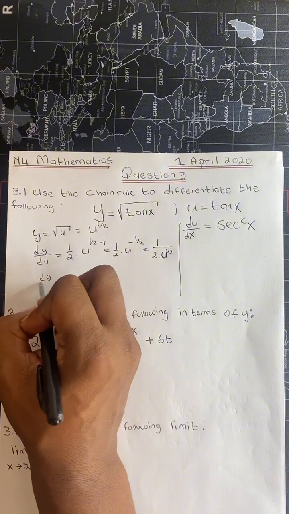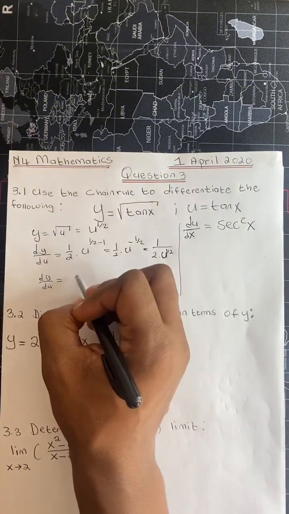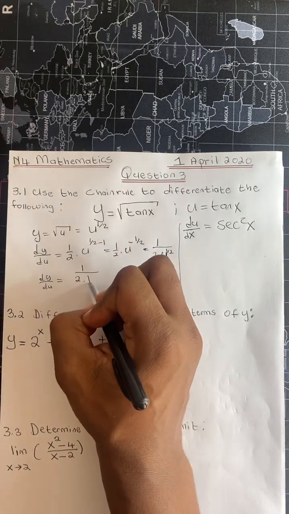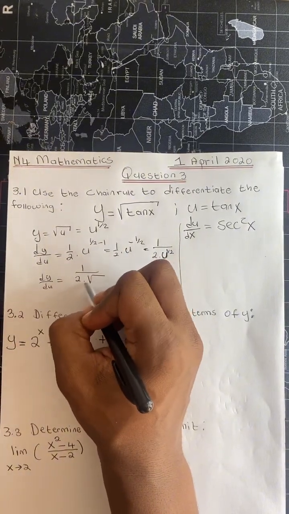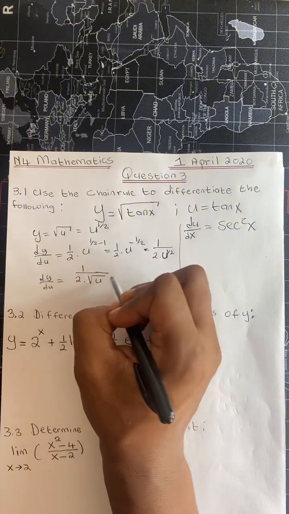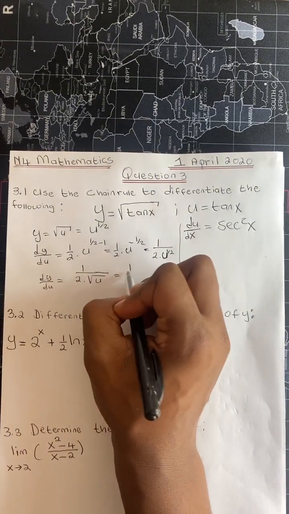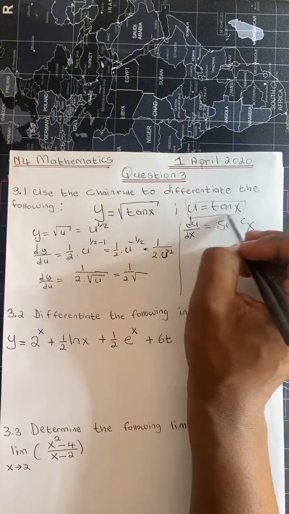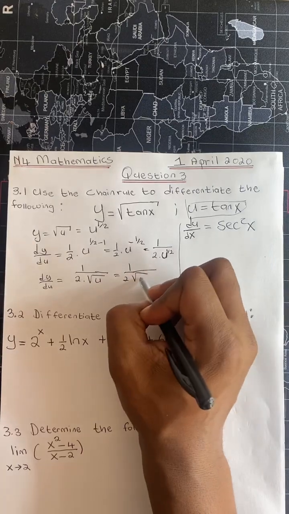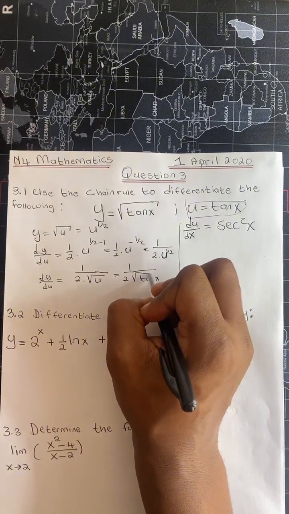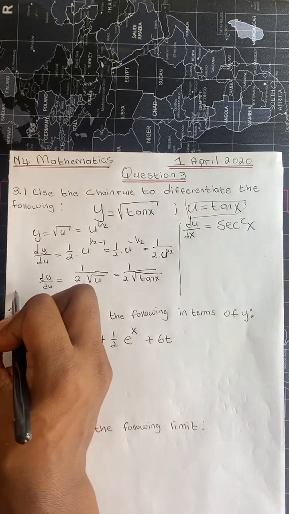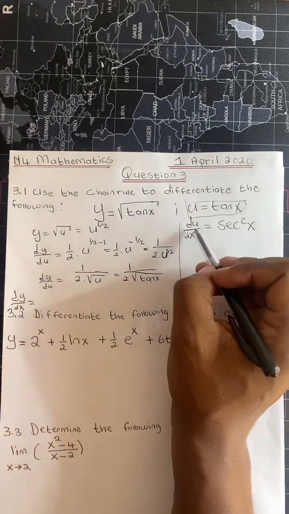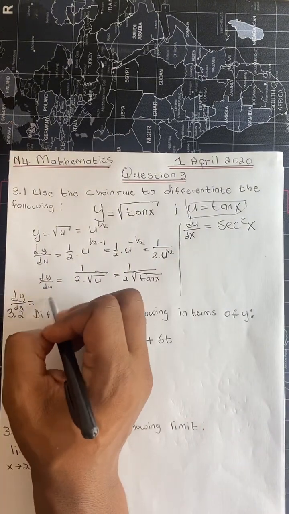So from here we have our dy over du is equal to 1 over 2 multiplied by u to the power 1 over 2, which we can express as the square root of u, and in the place of this u, let's substitute back tan x, because we say that u is equal to tan x. To find dy over dx, we simply have to multiply du over dx and dy over du.